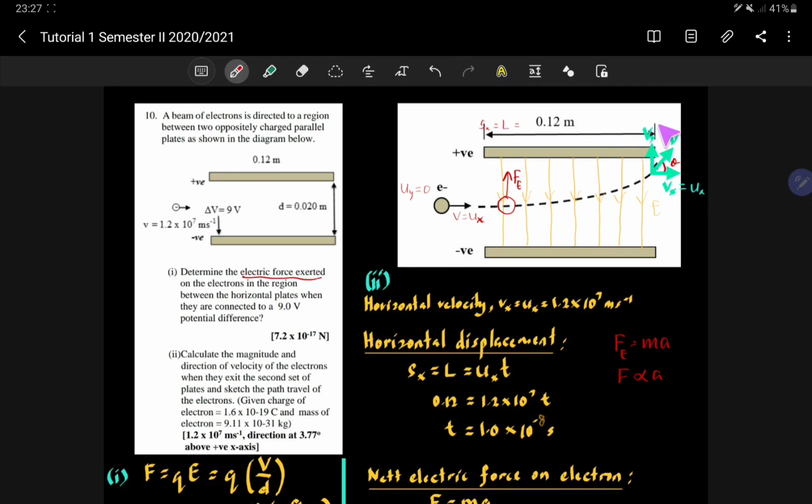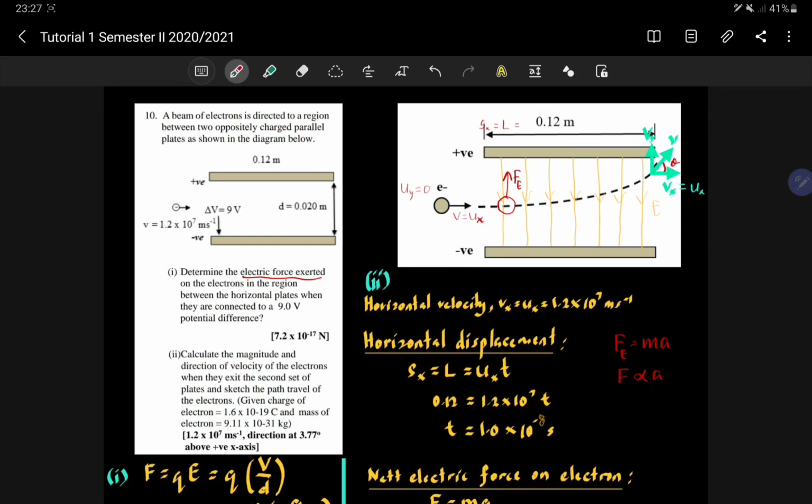But on the y component we need to calculate Vy, because there we have acceleration, so the speed changes. Initially the speed is on the x component, so Uy equals 0. There is no speed on the y component initially. But finally we have Vy, so we need to calculate Vy later, because we need to calculate V, which is the resultant of Vy and Vx.